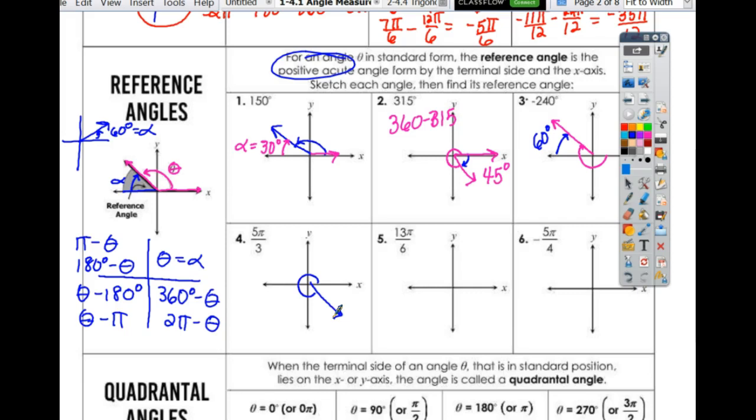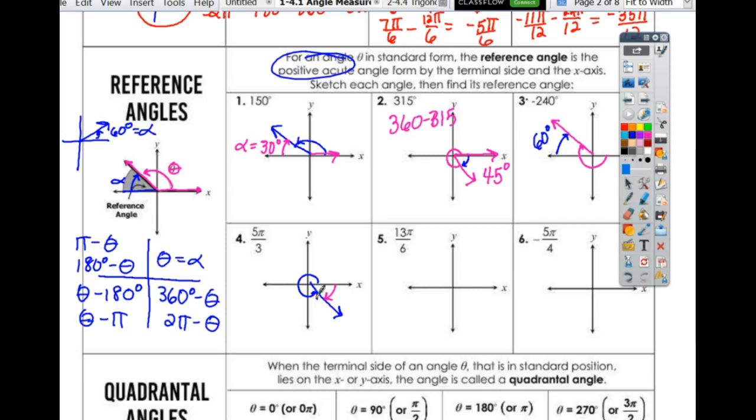Okay, so my reference angle from the x-axis to here. Great. So it's 60. Okay, it is, but I want it in radians.